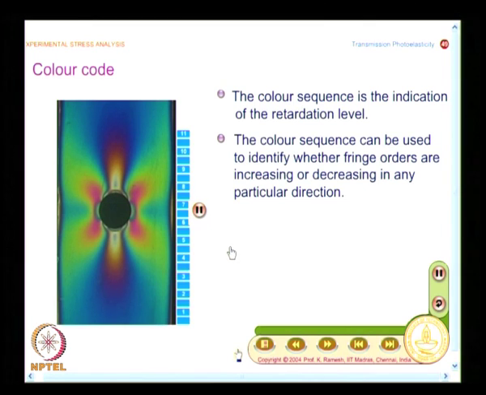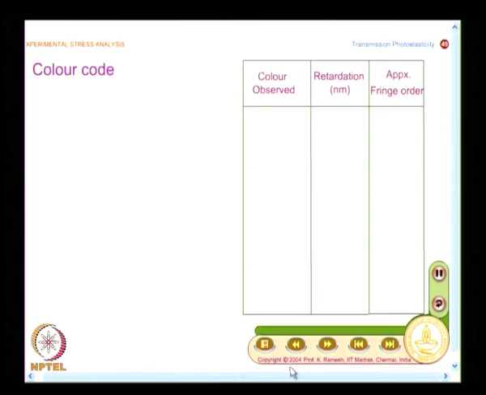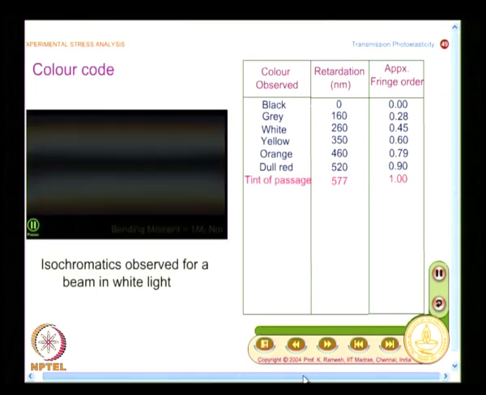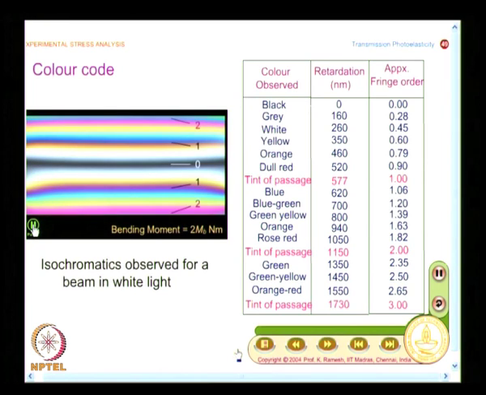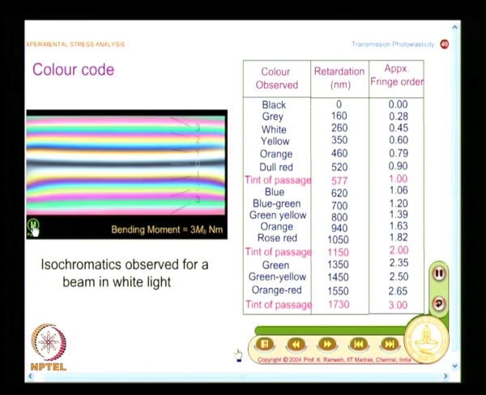and we also looked at the color code wherein we identified for each of the colors an approximate value of the retardation. I have the color code up to fringe order 3.